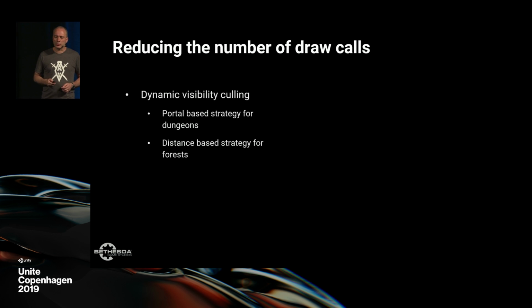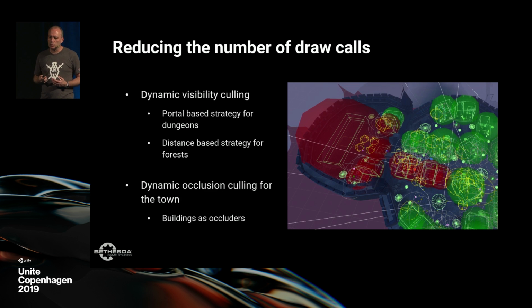There's also another thing that we do in the case of our town level. In a town, we have lots of buildings, and those buildings obscure one another, especially when the player camera is close to one particular building. There are lots of things that can be obscured. So we ended up implementing a fairly simple dynamic occlusion culling system where we select a particular building that is close to the camera.